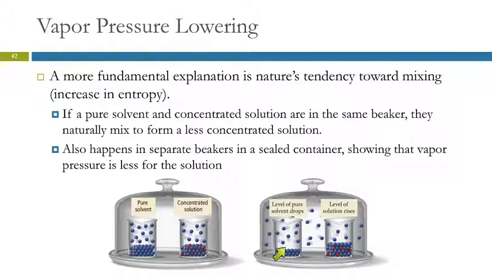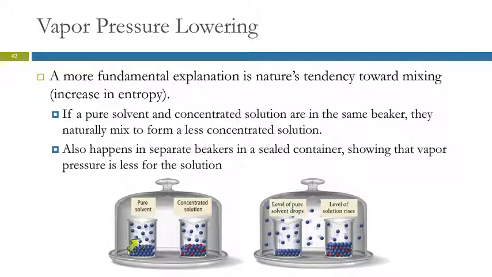So how do water molecules get from one beaker to the other? It's not magic. They evaporate, and then they condense over here. It seems like magic, and it's not sleight of hand or anything. It just does it all by itself.